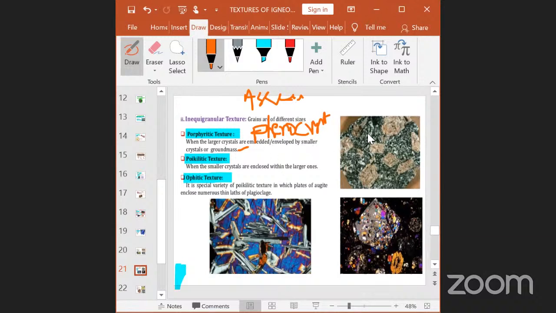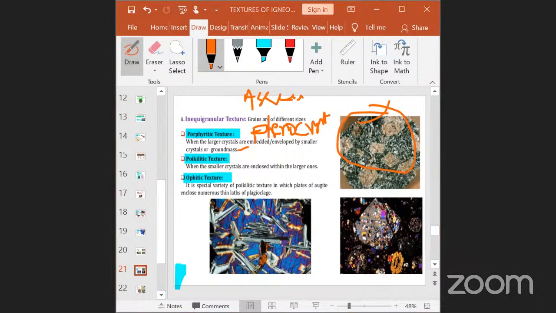You see here. This porphyritic texture results from changes in physicochemical conditions, molecular concentration and also insolubility. So this is the porphyritic texture, right?